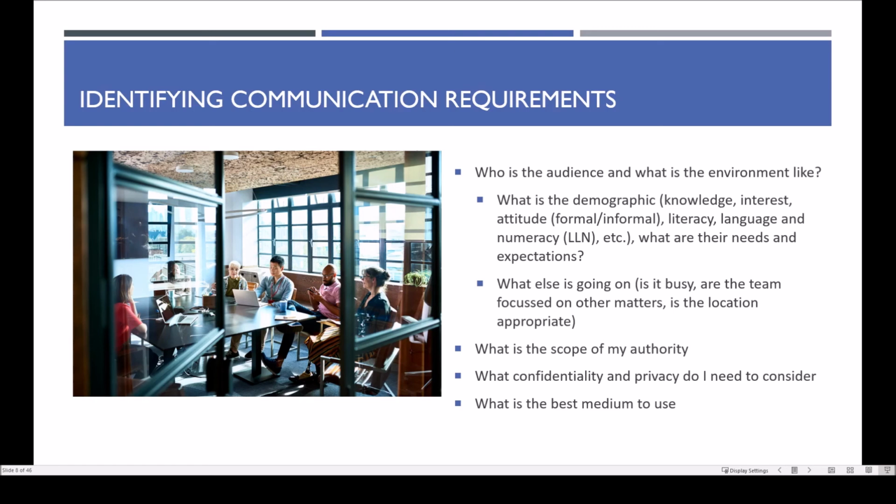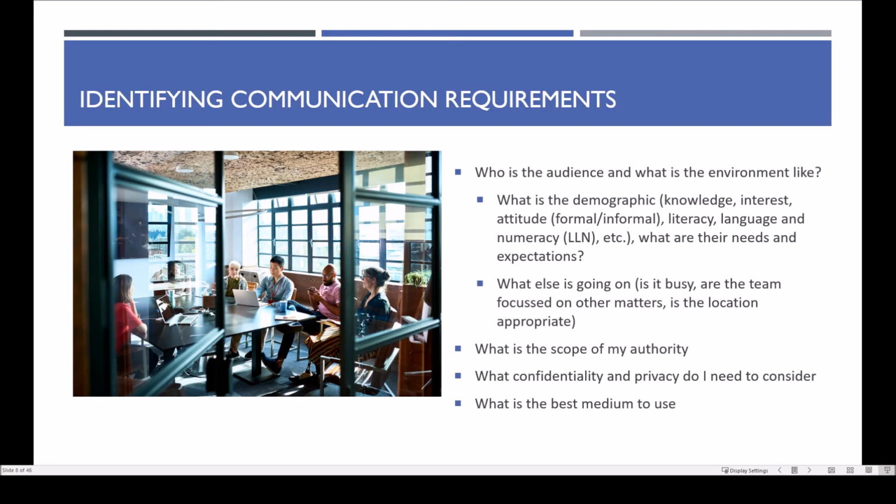Is there anything else that's going on that might take priority or precedence? Is the location in which we're going to have this discussion or this presentation going to be appropriate? Are there other interfering factors, such as noise pollution or people coming in and out, and so forth?